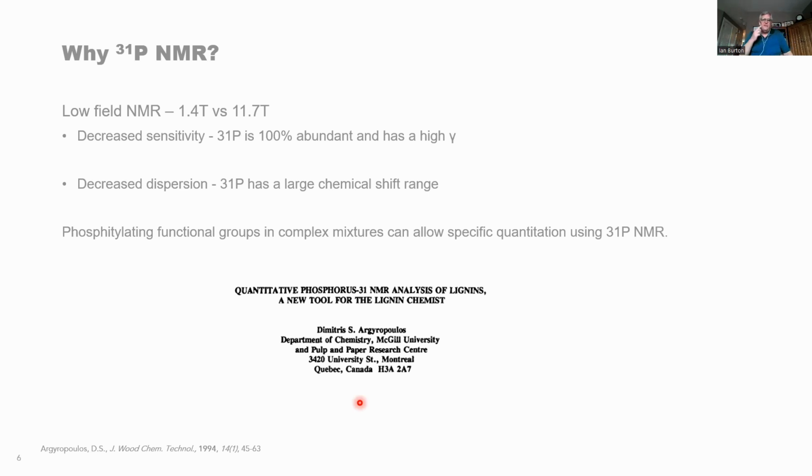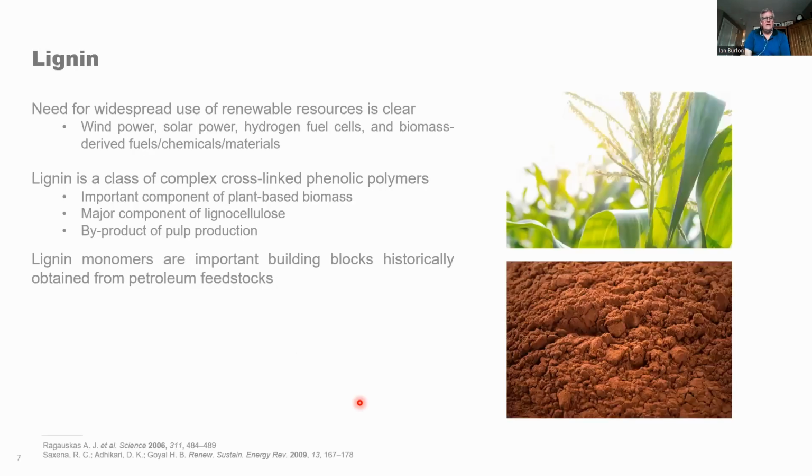So this method for lignins is not new. It was developed back in the 90s by researchers at McGill for phosphorylating the OH groups of lignins. And we saw basically what a lignin looked like in the earlier presentation.